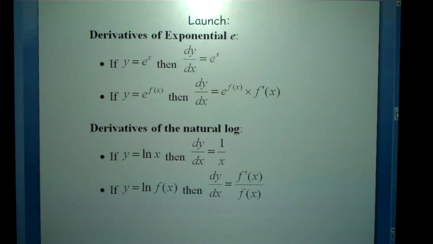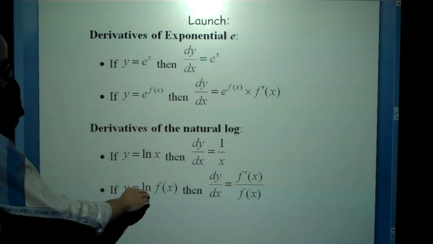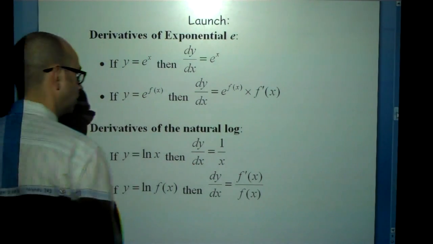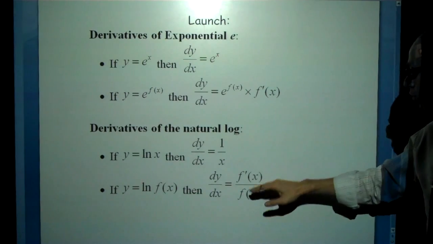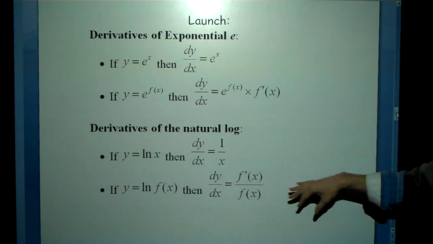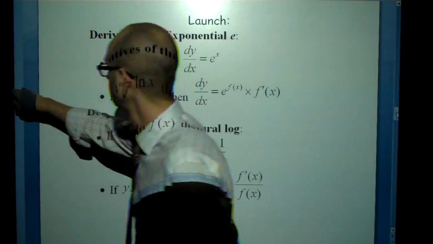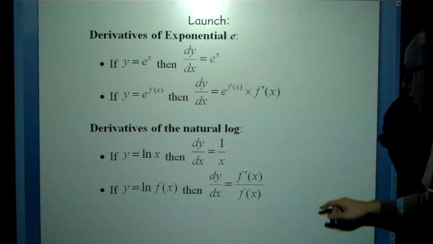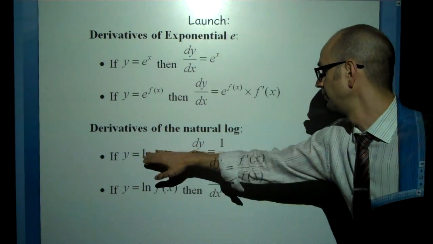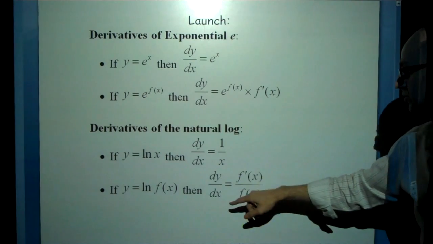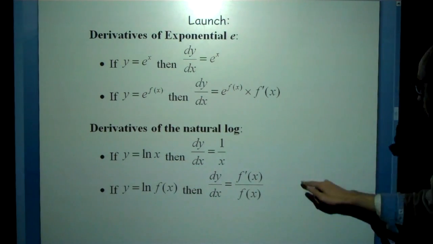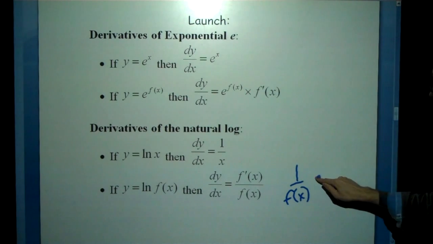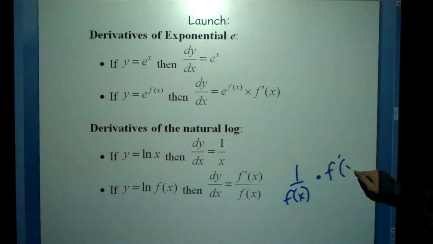And once again, if you have the derivative of the natural log of some function or some stuff, it's going to be 1 over that stuff times the derivative of that stuff. So let me rewrite this one here. Derivative of natural log is 1 over x, so if I have natural log of some function, it's going to be 1 over that function times the derivative of that function.